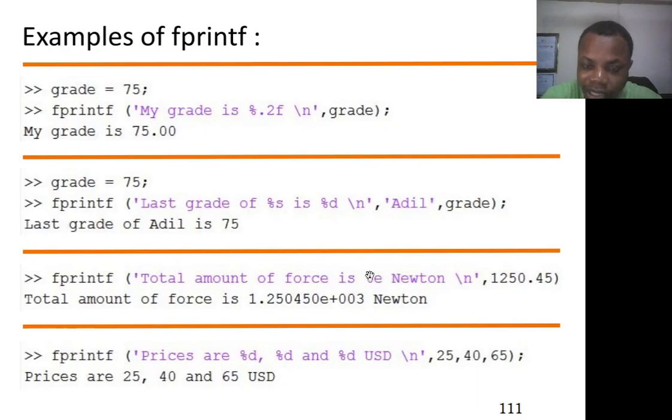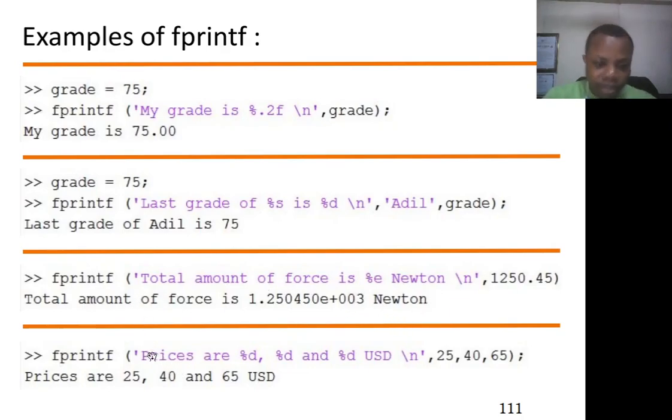Exponent. That is the scientific notation. Then we have the Newton. In this case, this scientific notation is going to be formatted on this value that we have here. This is going to convert everything that we have here into a scientific notation, and that is exactly what we see here. So the total amount of force is converted to a scientific notation, then Newton follows.